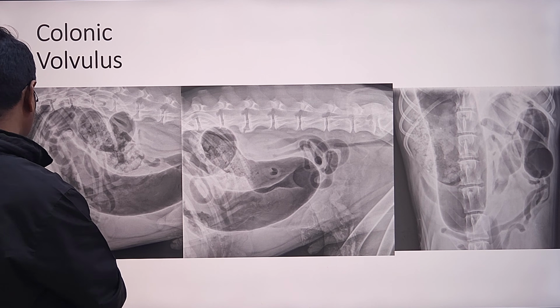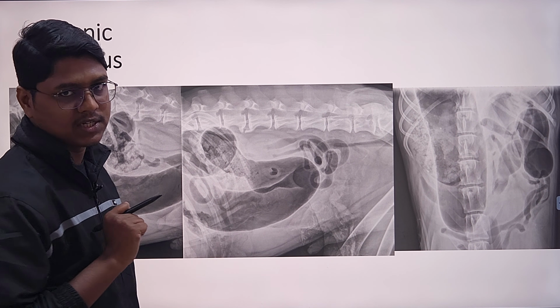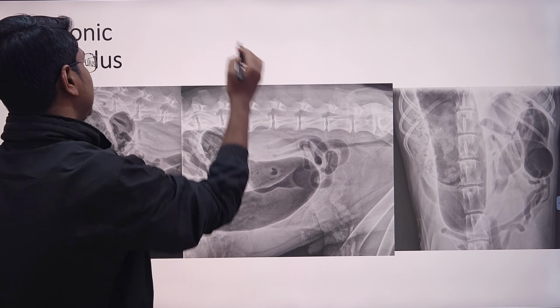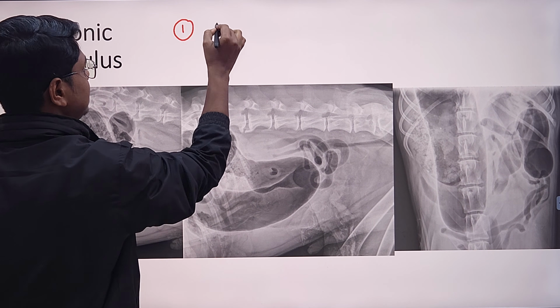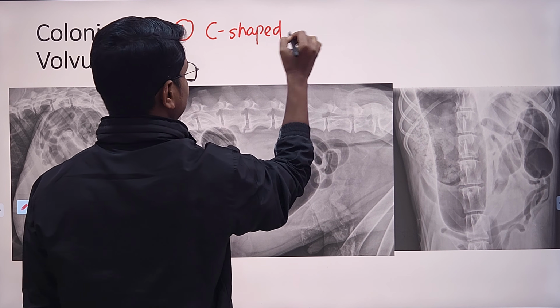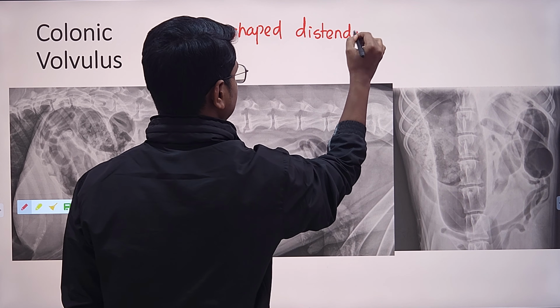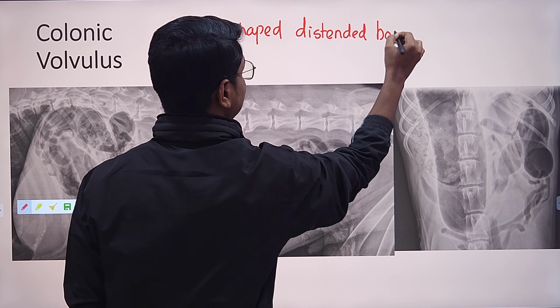Next is colonic volvulus, rotation of the colon. There are some characteristic radiographic findings which you should know. The first one: you will find a C-shaped distended bowel in the cranial abdomen.